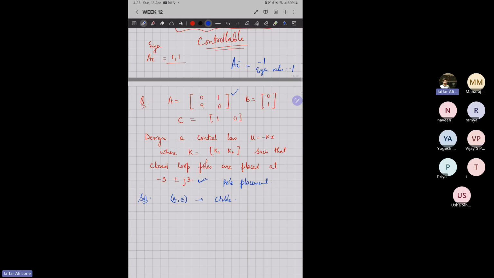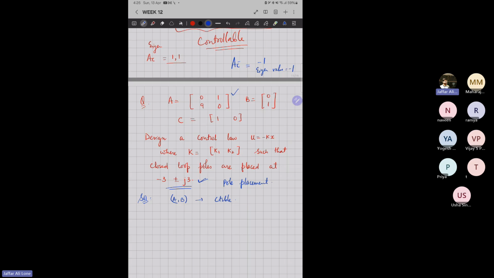So this is a condition. If my A and B pair is not controllable, I cannot place these poles. But since in the question it's already given to place them, it means the system is already controllable. Second thing, you can see the system is in controllable canonical form, so it's automatically controllable, right? So we don't need to check it. So this is the condition that A and B should be controllable.